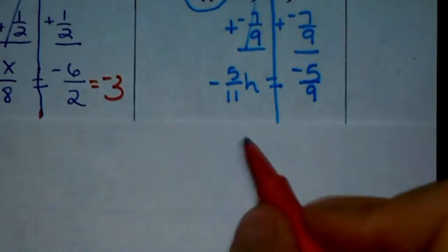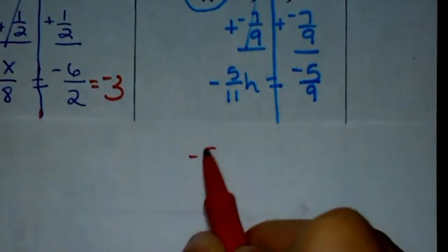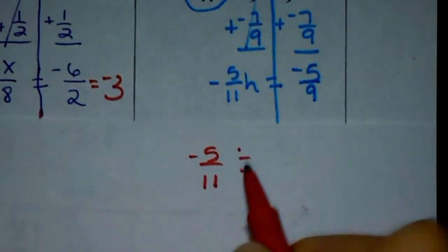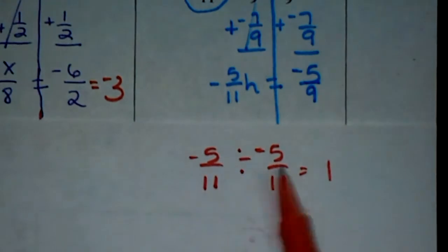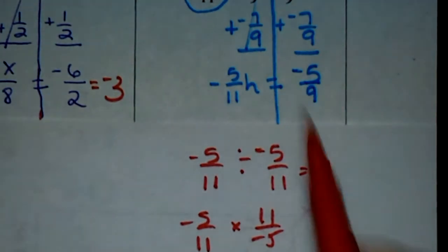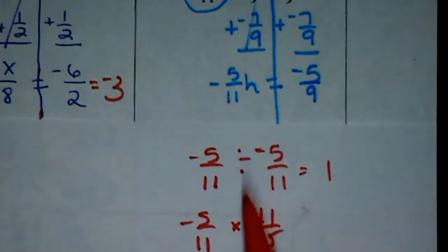Why can't I just divide by negative 5/11? Because it's a multiplication equation. Well, if you took negative 5/11 divided by negative 5/11, yeah, that equals 1. But when you divide fractions, don't you do keep, switch, flip? So dividing by that fraction is the same thing as multiplying by its reciprocal.